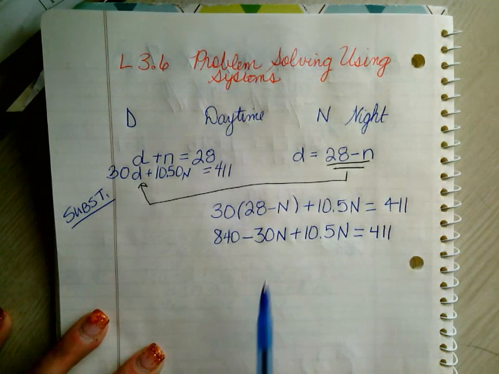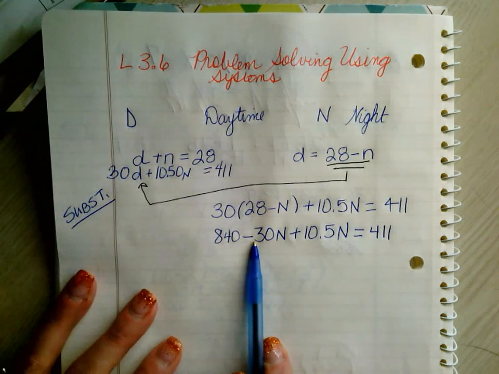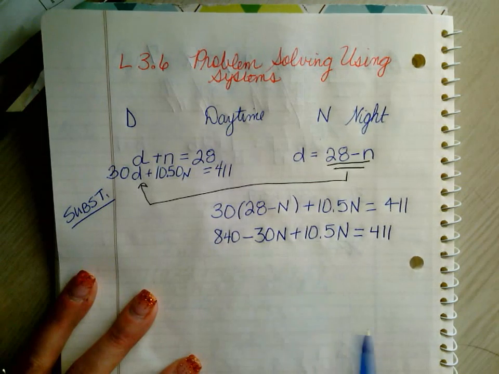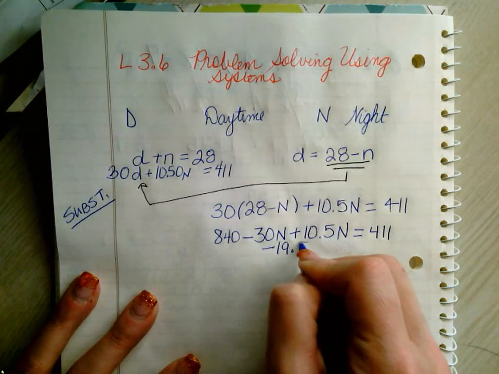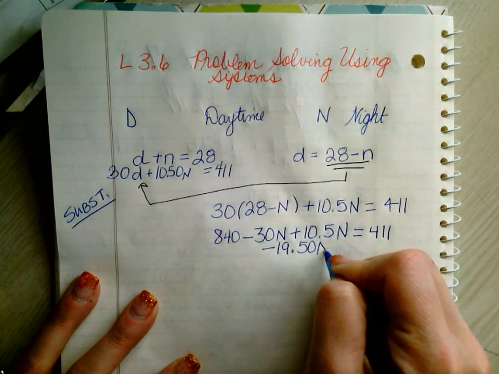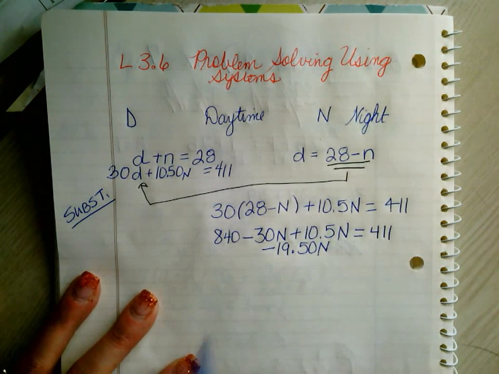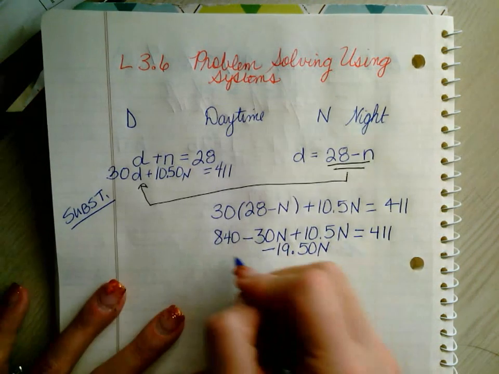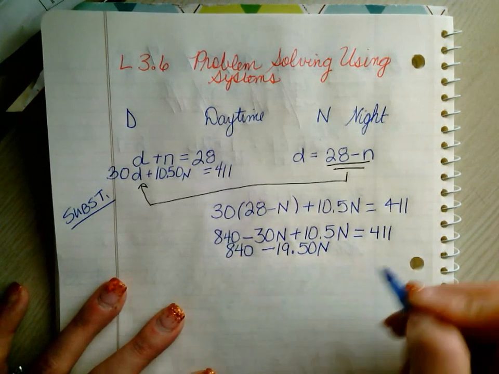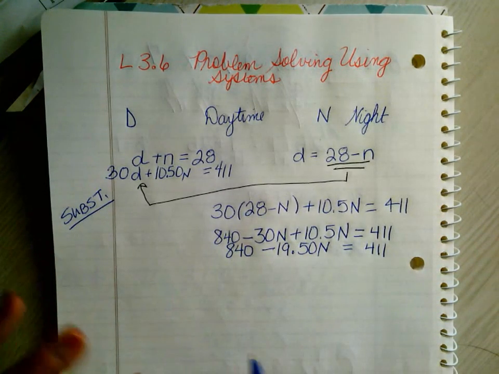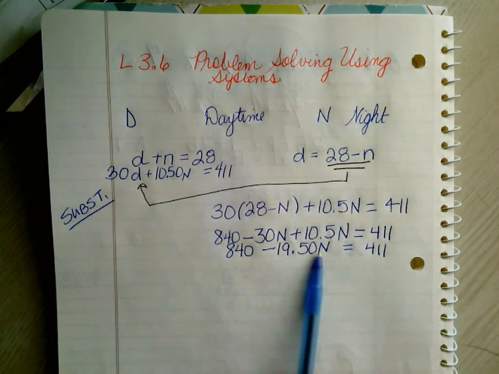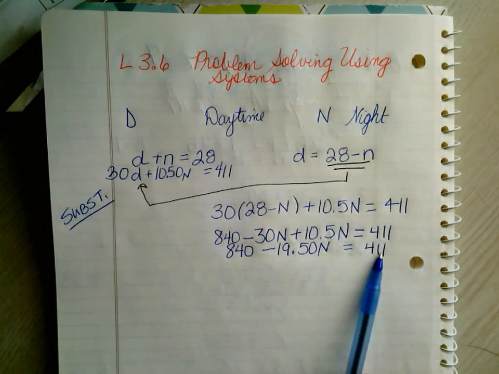Collect like terms. Negative 30n combined with a positive 10.5n, you end up with what? Negative 19.5n, as far as your n's are concerned. We know we want variables on one side, and we want constants on the other.